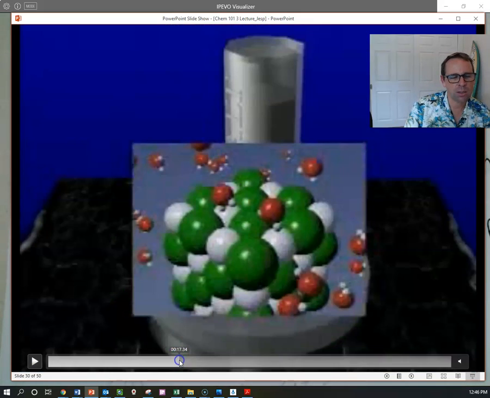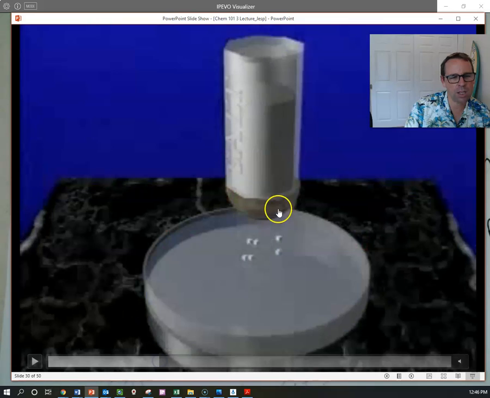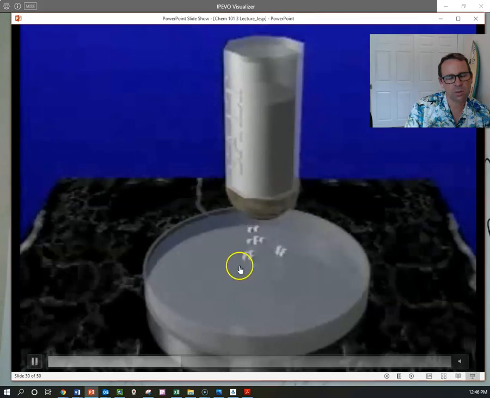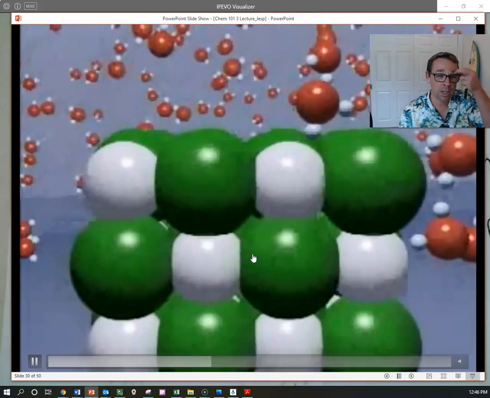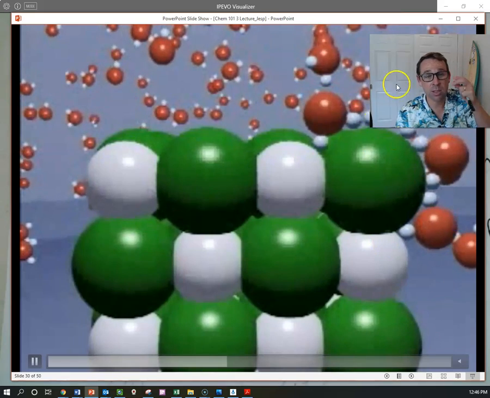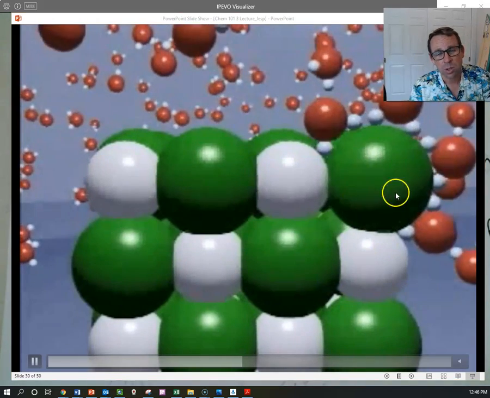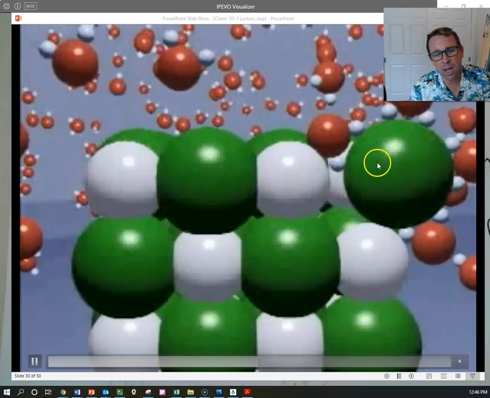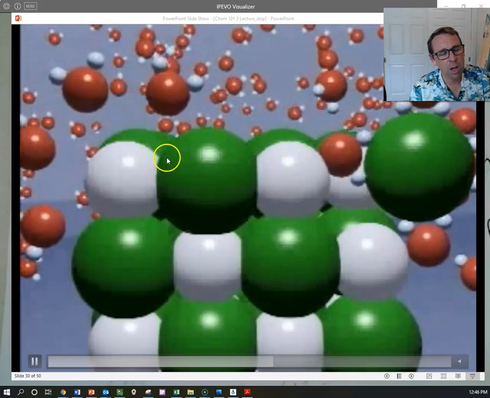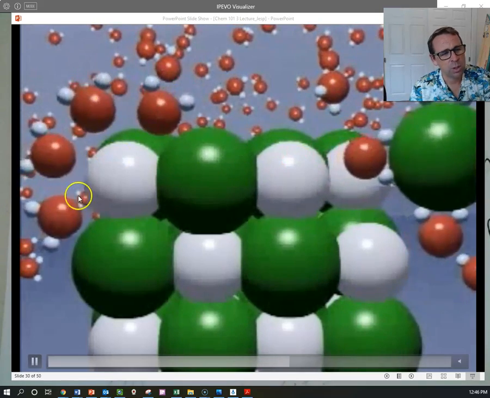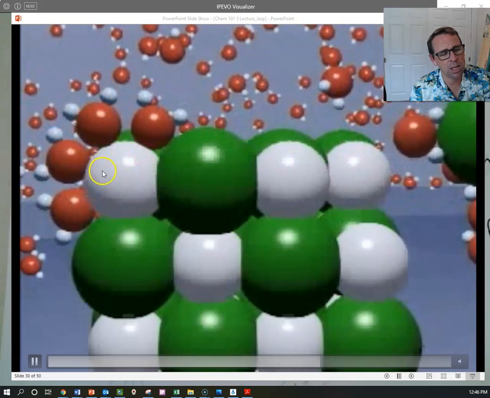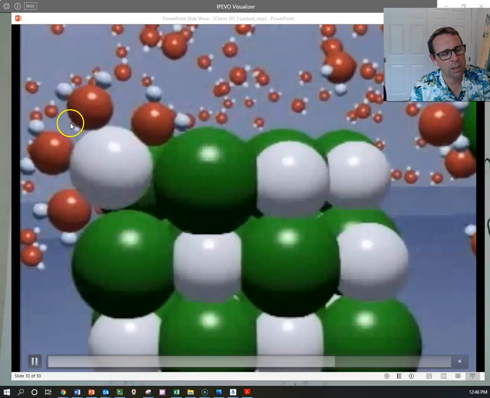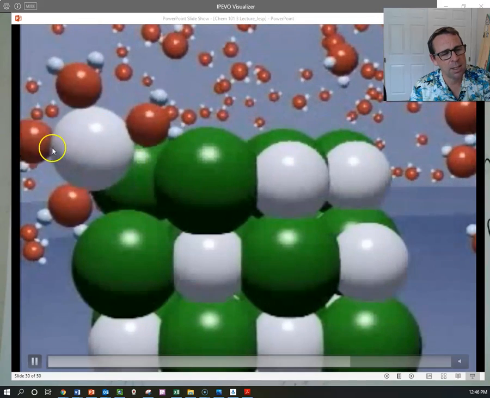When you put something like sodium chloride into water, the sodium chloride dissolves. Also what we call dissociates, but we'll talk about that word later. The dissolving process is where the water molecules surround the individual ions and pull them off into solution. So here the water molecules are surrounding a sodium ion, and they're going to pull it away and entertain it as an individual ion.